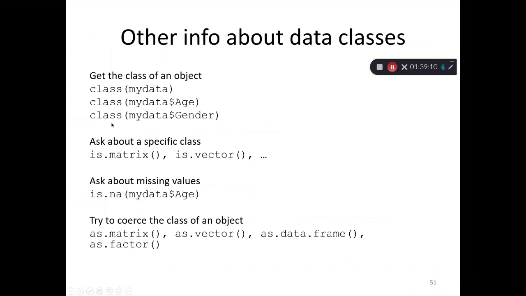So instead of asking in general which class an object is, they specifically ask, is this a matrix, is this a vector, is this something else? You can also ask which elements are missing values. You can also try to coerce the class of an object. For example, you have a matrix, you can coerce it to a data frame using the command as.data.frame. Or you have a data frame, you can try to coerce it to a matrix using as.matrix, etc., etc.